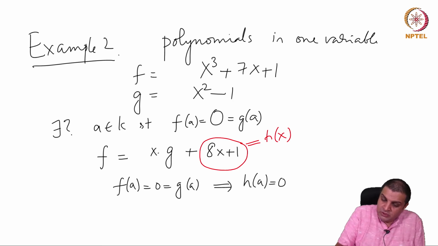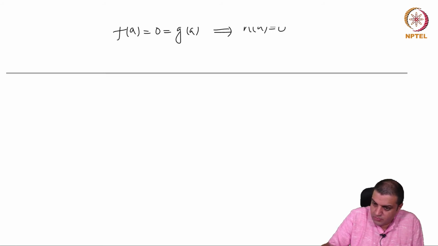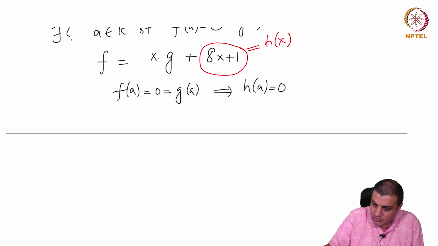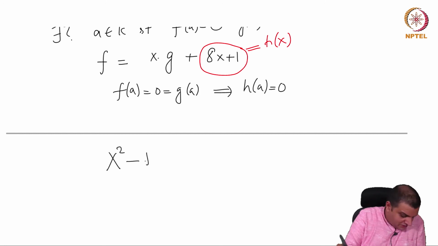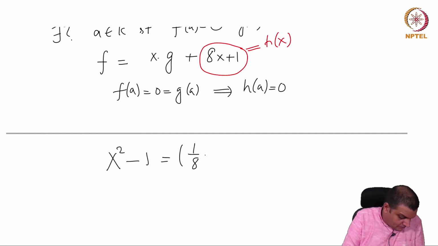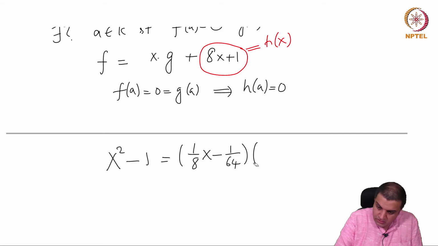Now we will do the division between h and g. This is a little complicated expression, so let me just copy what I've already worked out. g equals (1/8 x minus 1/64) times h plus 1/64.